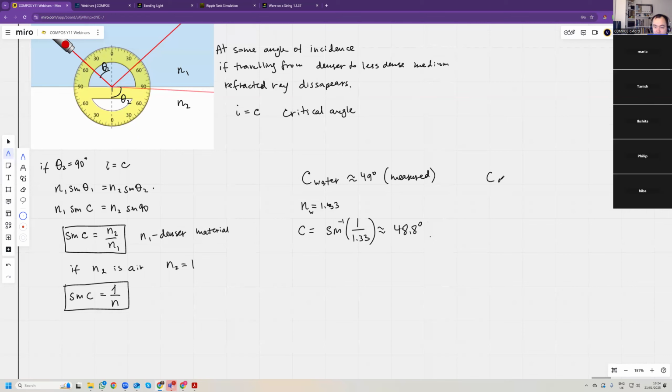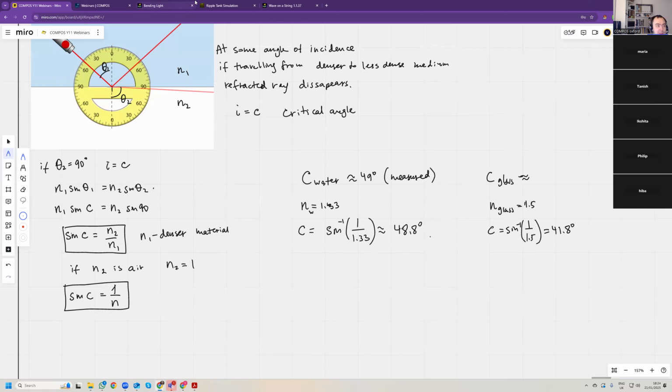Now let's try for glass. The critical angle for glass. Let's make a prediction. So glass is 1.5. So the critical angle for glass should be the inverse sine of 1 over 1.5, and it should be 41.8 degrees.